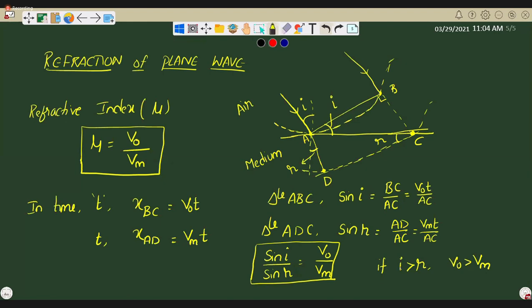So case 1, if I is greater than R, V naught is greater than Vm. If I is less than R, your V naught is less than Vm. Clear?